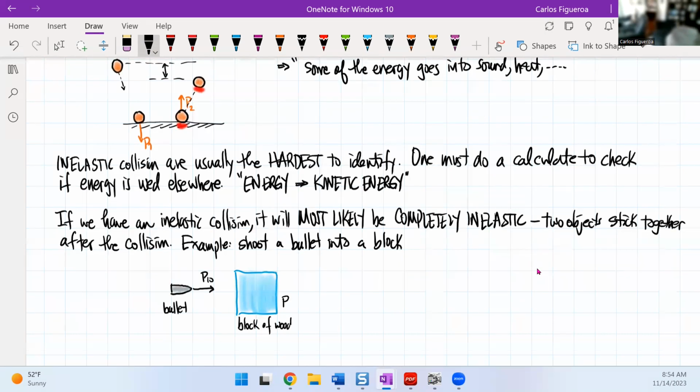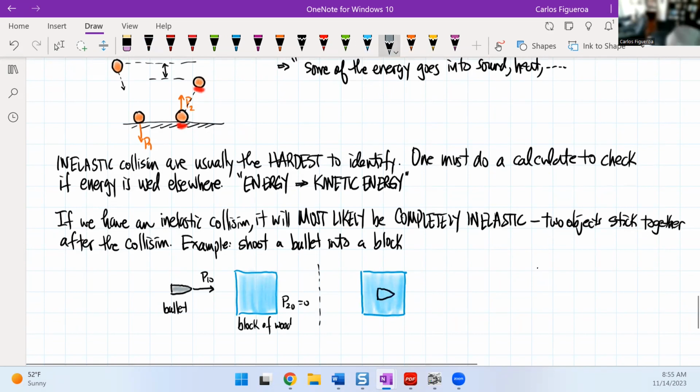And I'm going to say that this guy starts off with some initial momentum of 0. So then what happens afterwards? What happens afterwards is that the bullet gets embedded into the block of wood. It doesn't go all the way through. It now is stuck inside the wood.